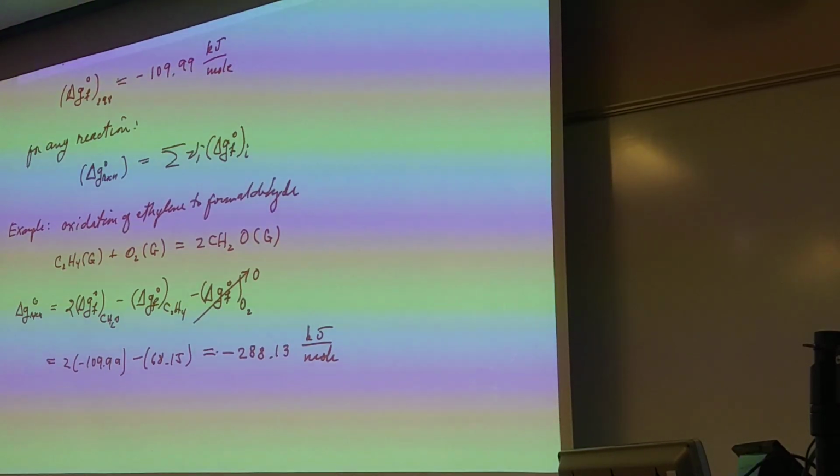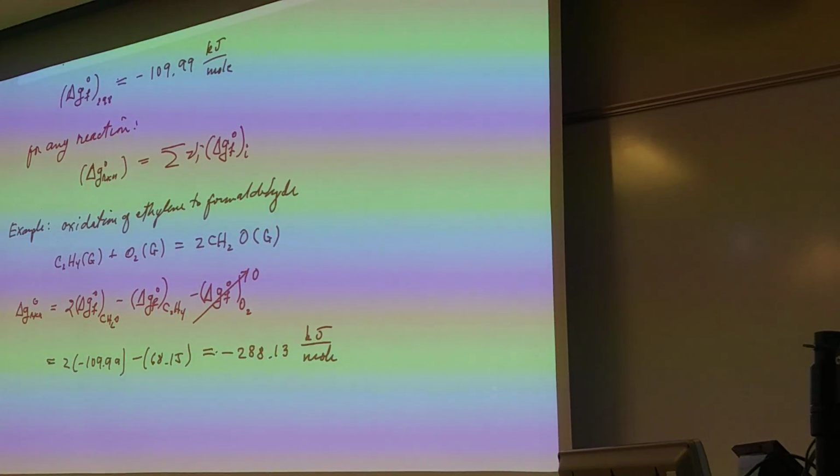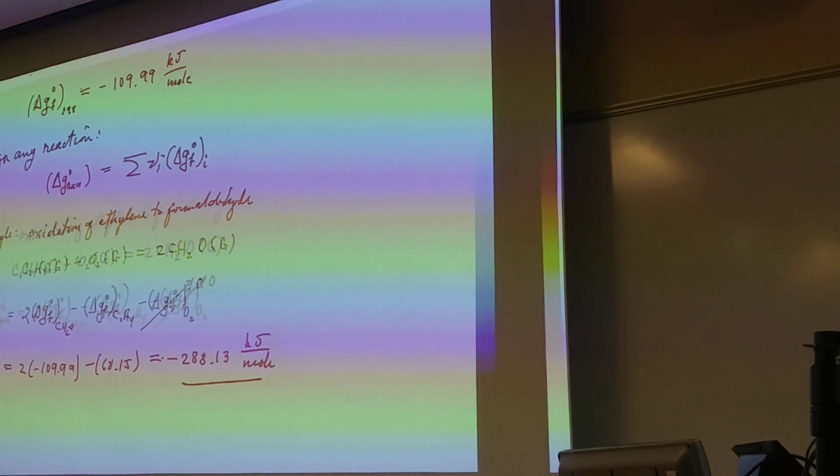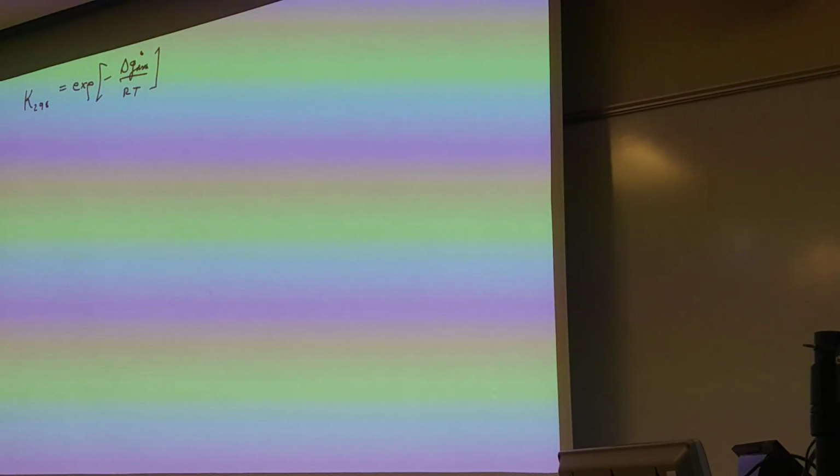So out of this now I should be able to get the value of K. Let's go over to the next page and do that. And I remind myself, this is K now evaluated at 298. And that's the exponential of minus the standard energy change of reaction over RT.